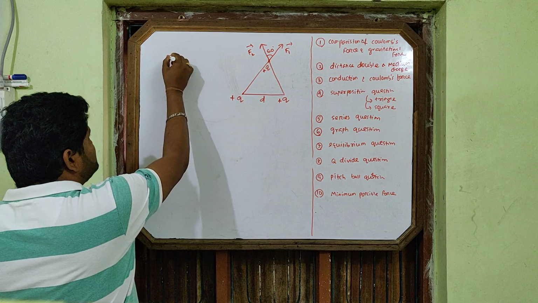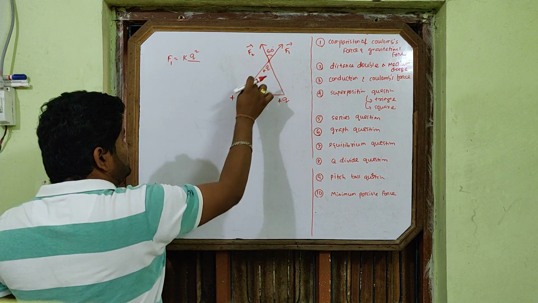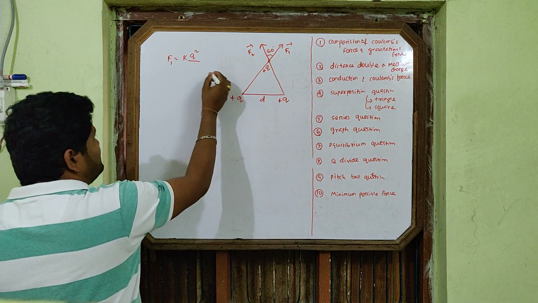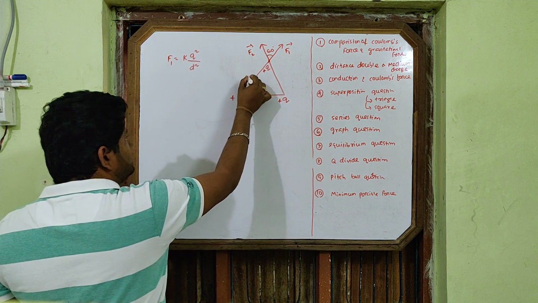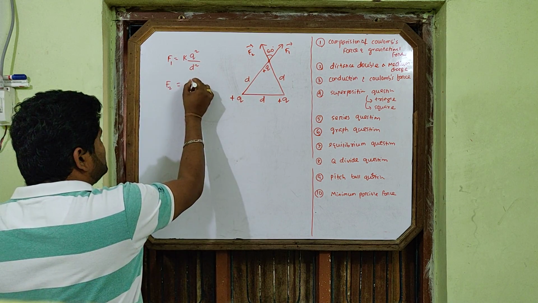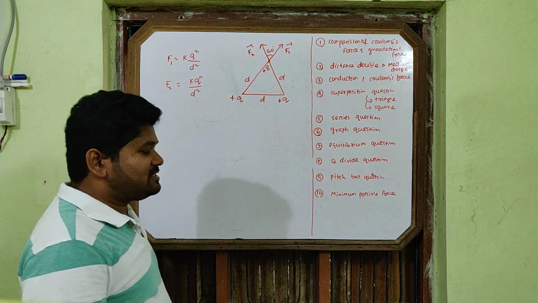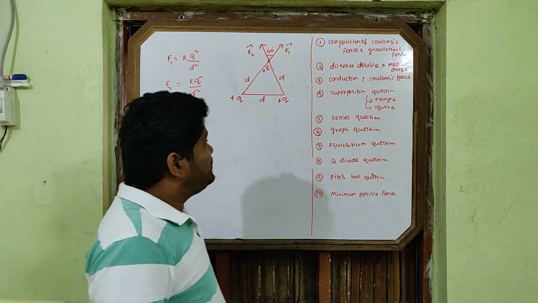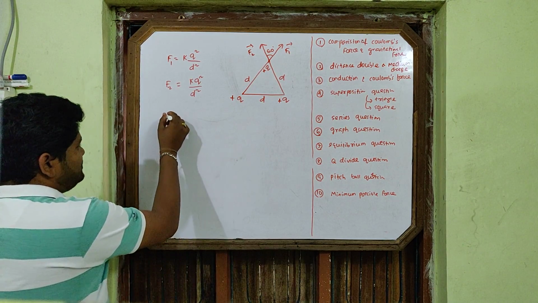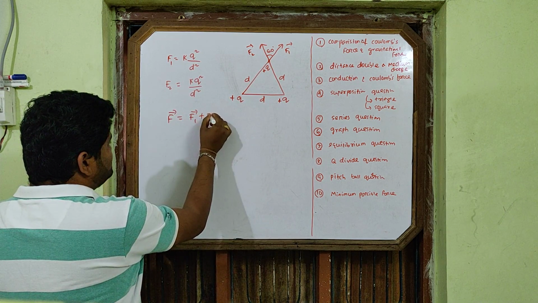Let us write the magnitude of forces. F1 is K Q1 Q2 by r square, and all sides are the same, D, so F1 is K Q square by D square. F2 is also K Q square by D square. So both forces are the same. Now we have to do the vector addition: F vector equals F1 vector plus F2 vector.